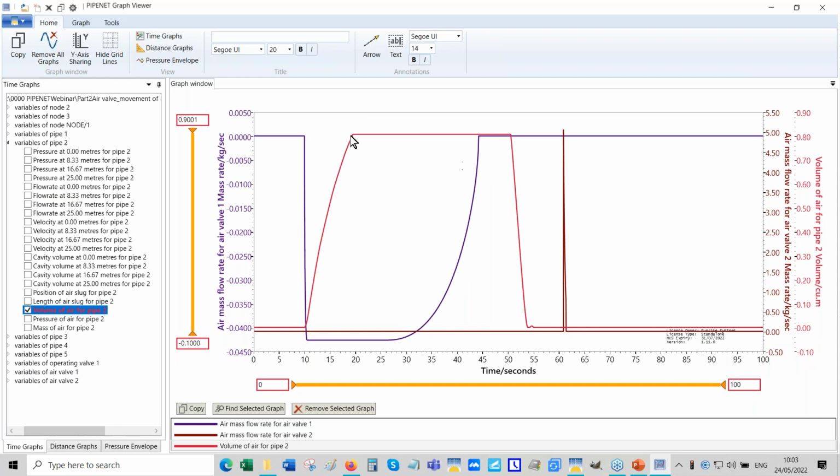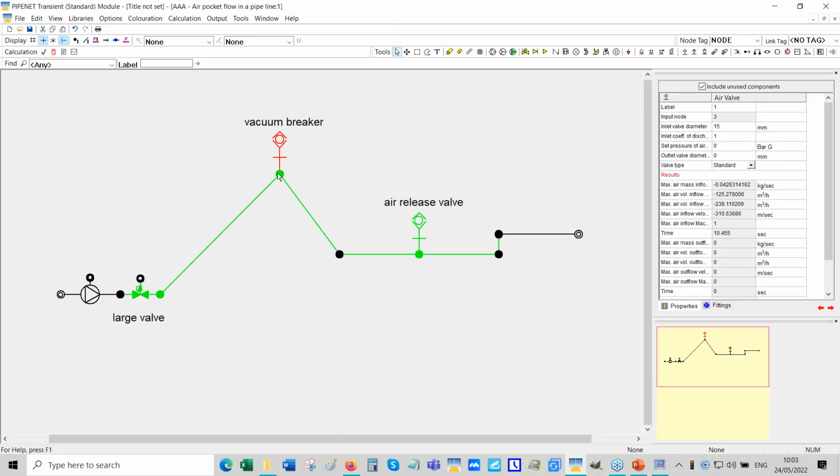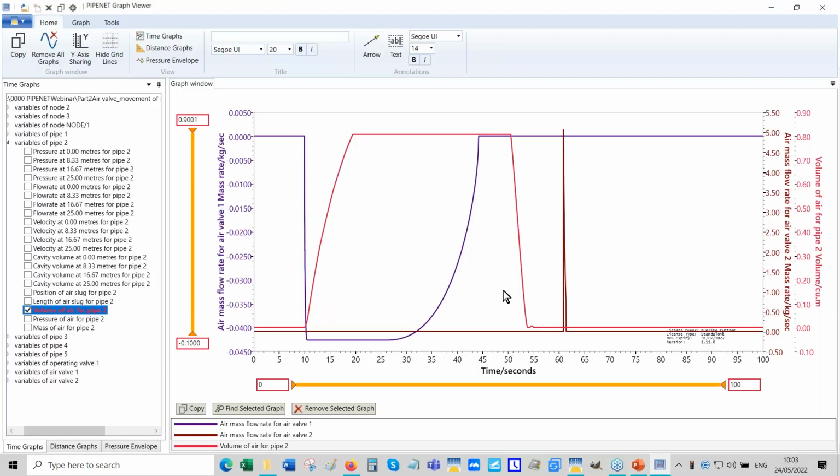See, that's pipe 2. Air comes in and moves down that pipe, so the volume of air goes here, and ultimately there's a pocket of air which moves down that pipe. You can see that, and it then goes to pipe 3.